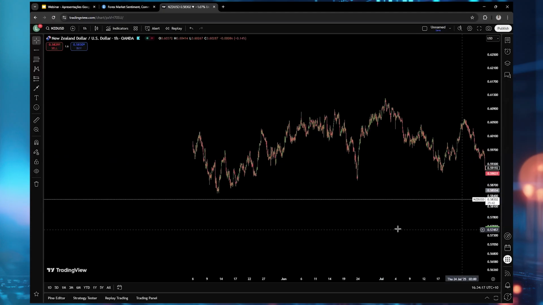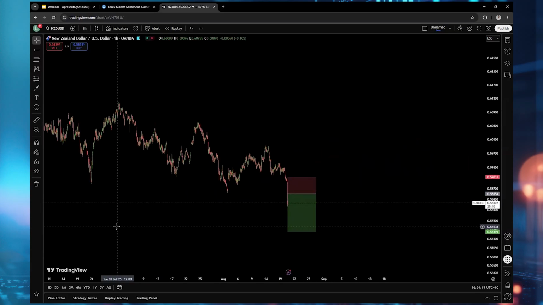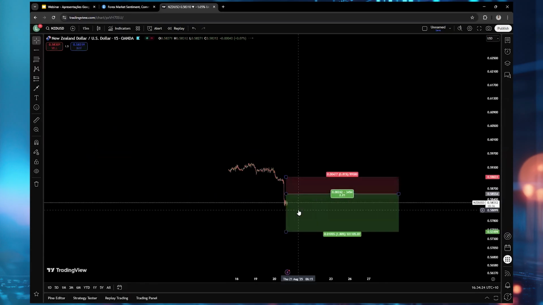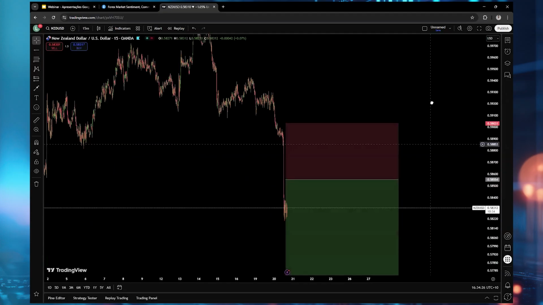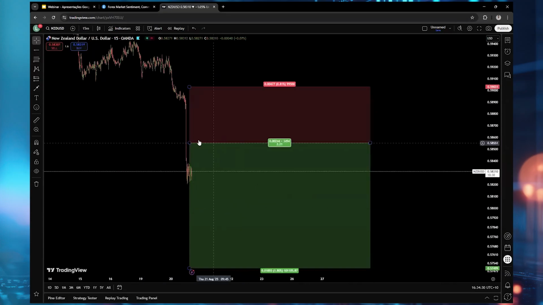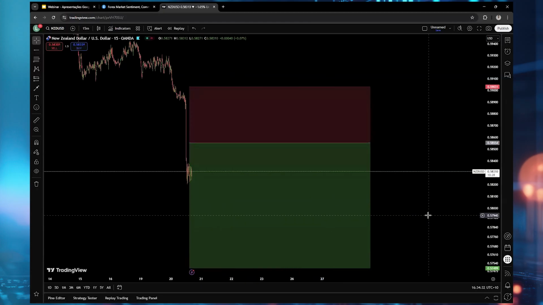So the target is unknown, because the move was such a strong move, we don't have a target down. It's a pretty interesting scenario. But the entry point would be around 0.58554.